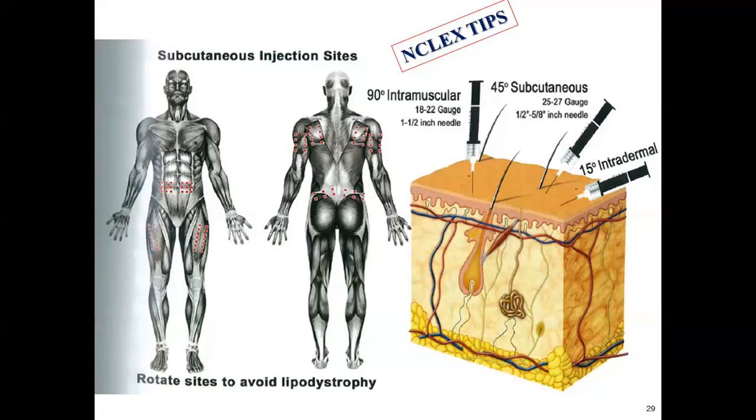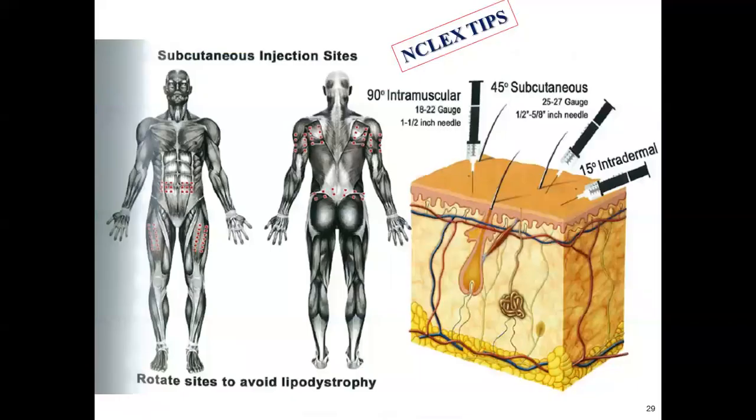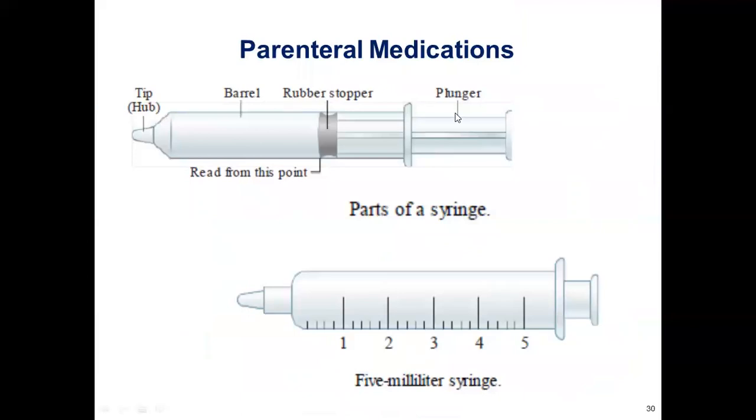as well. So next, this picture shows the different parts of a syringe. This one is called the plunger, and this is the barrel, rubber support, and tip of the syringe.